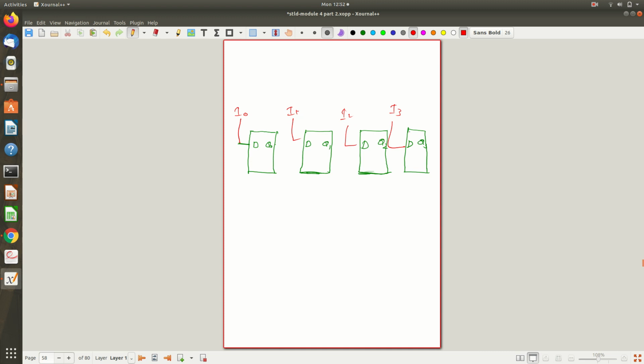Accordingly, you will get the output. If you apply like this, the MSB bit you will get first. If you apply I0, then I1, I2, I3, then you will get the least significant bit first. This is always preferred, the least significant bit. Anyway, how you are reading is immaterial actually.